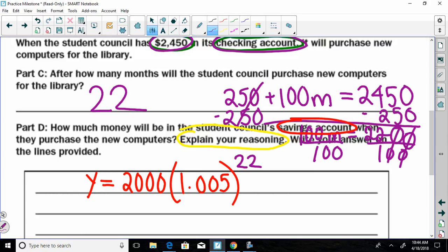So what are key words that we would use here? First of all, looking at the savings account, we would need to know the savings account function. What else would we need to know? How many months? The months. So we would have to know that M equals months. And in this case, we use 22.